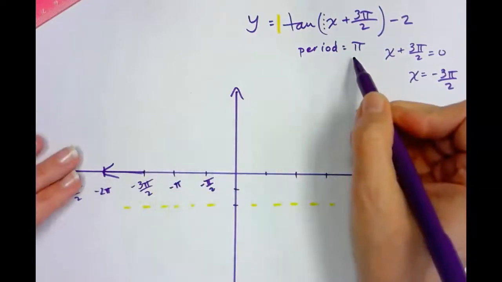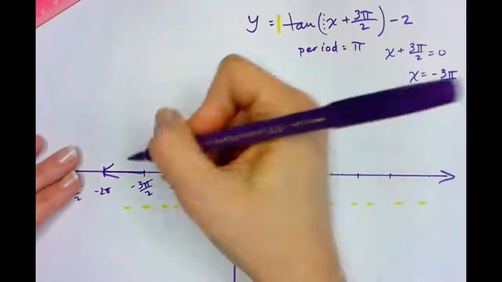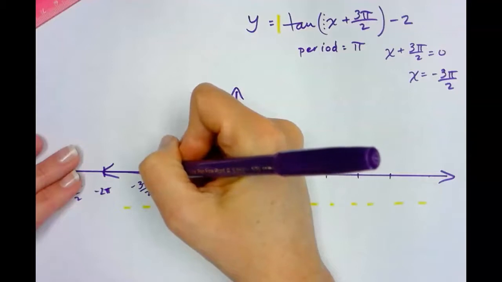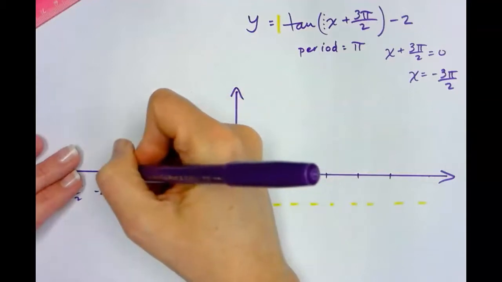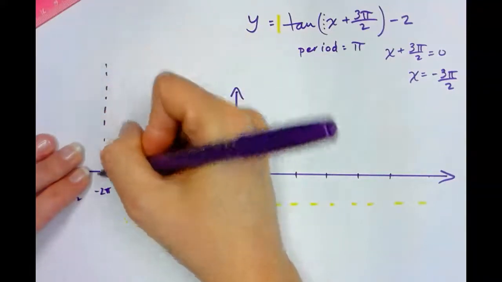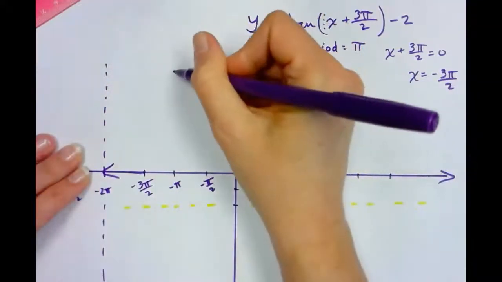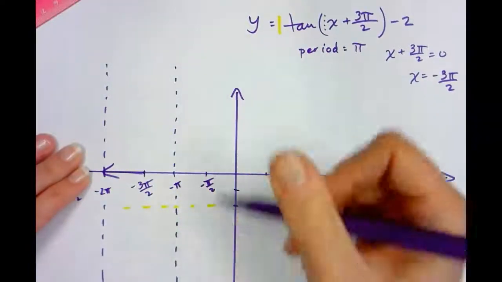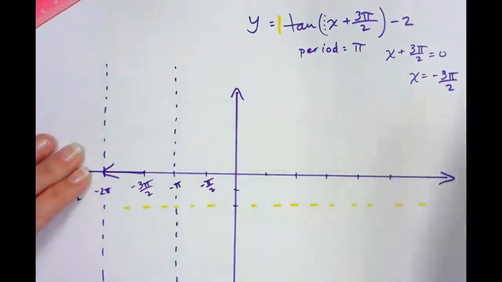We've got to take the period and cut it in half. So half of π is π/2. So from this particular spot on the x-axis, we will have an asymptote at π/2 units to the left and π/2 units to the right. So those are my first two asymptotes.